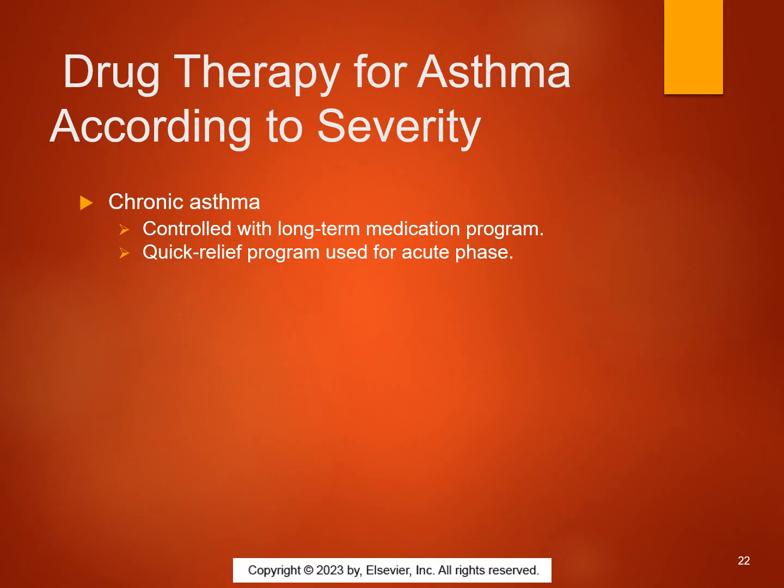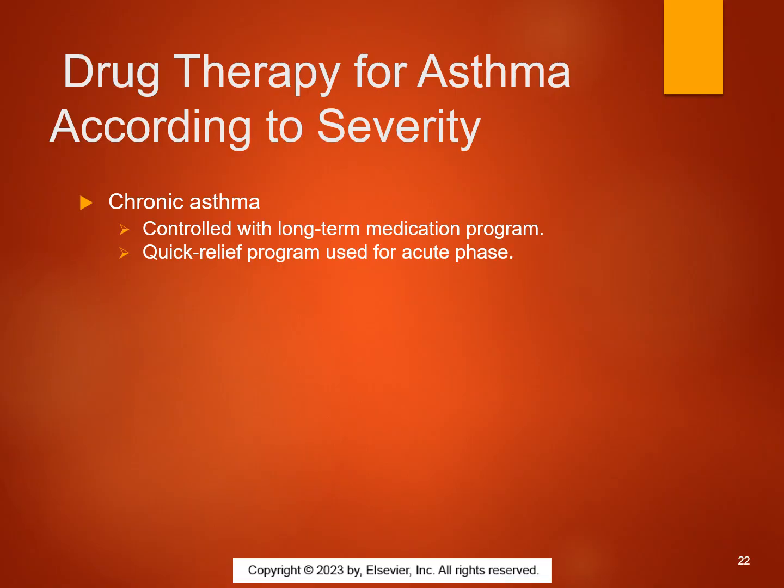So now we're going to talk about drug therapy for asthma according to the severity, and this is a priority NCLEX concept that you may see. Number one, long-term control of asthma includes inhaled corticosteroids, leukotriene modifiers, long-acting beta agonists, and mast cell stabilizers.